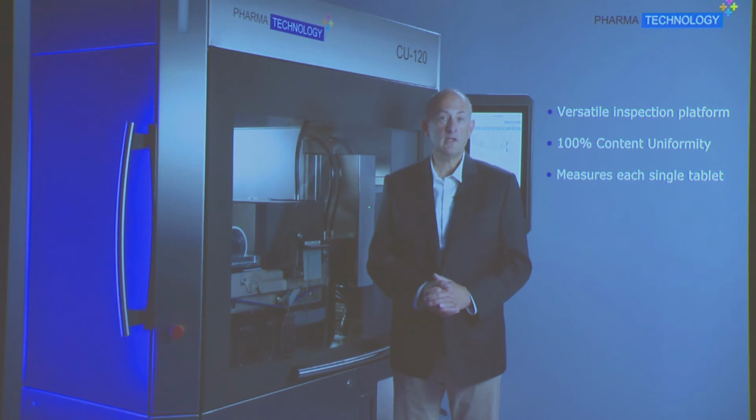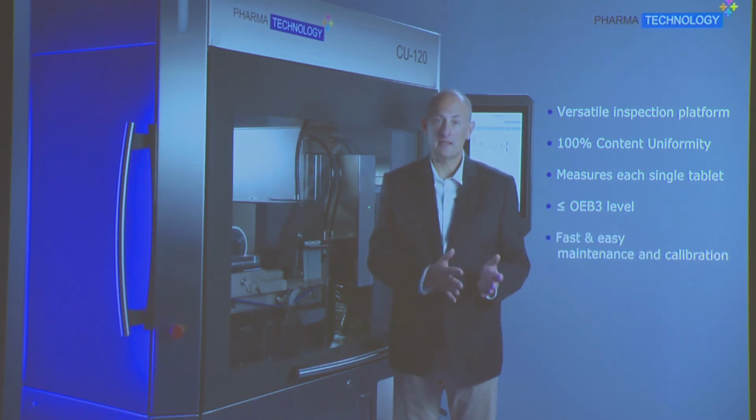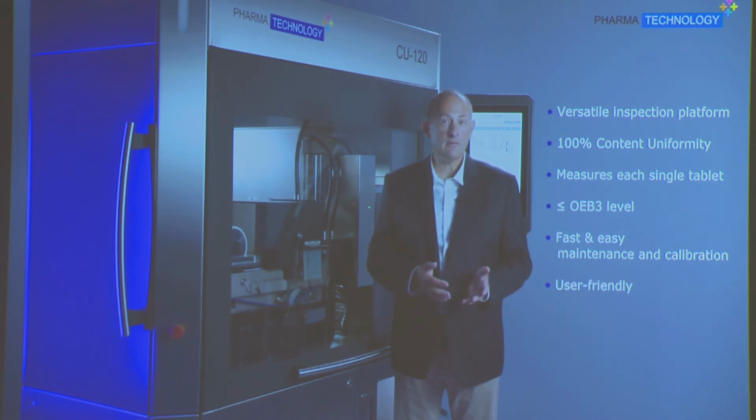Besides, the CU120 allows to run up to OEB3 formulation thanks to its level of sealing. As a result of its single-lane architecture, the unit requires less maintenance and calibration time. The entire equipment is user-friendly, with fast and easy product changeover and an intuitive interface.